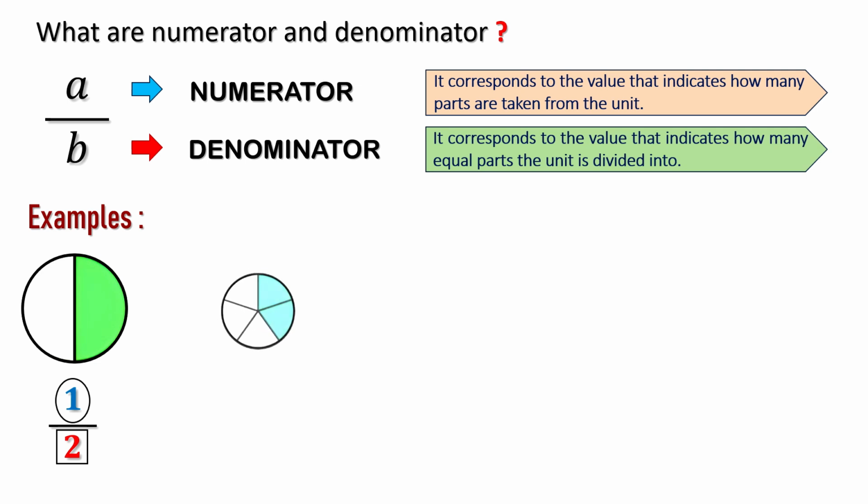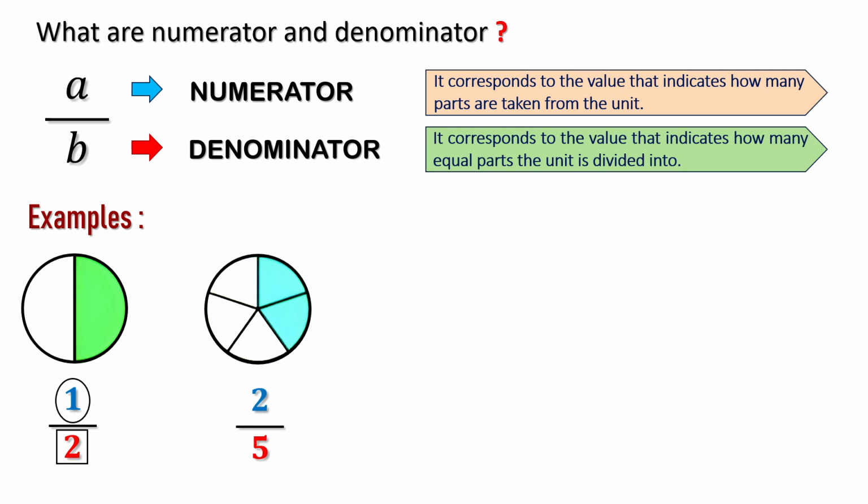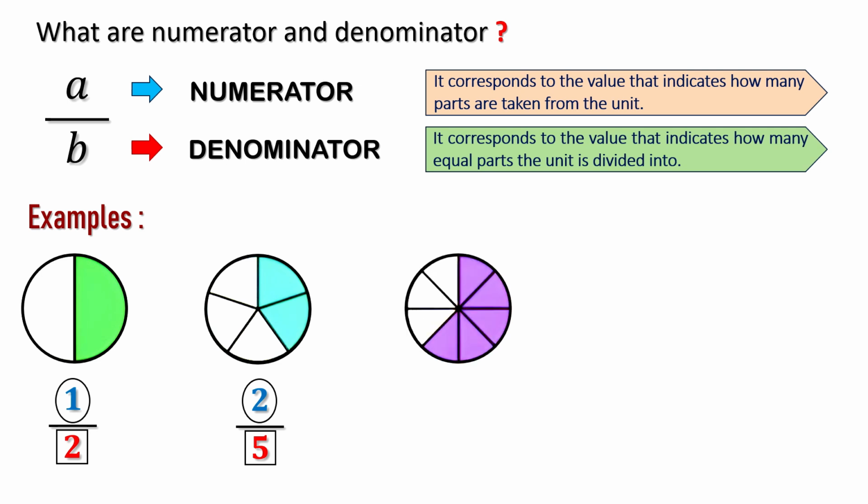The second figure corresponds to the fraction 2 divided by 5, where the number 5 represents the number of parts into which the unit has been divided, and the number 2 represents the number of parts that were taken. The third figure corresponds to the fraction 5 divided by 8, where the number 8 represents the number of parts into which the unit has been divided, and the number 5 represents the number of parts that were taken.